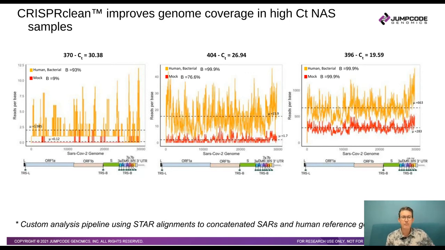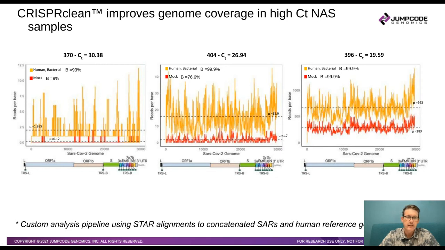And this represents a 10.3x increase of breadth of coverage of the genome. So with a mock sample here at a CT of 30 plus, you can see that depending on the sample number and what the low level of noise might be of alignment to the COVID genome, an average coverage of 0.12 could potentially be in noise.